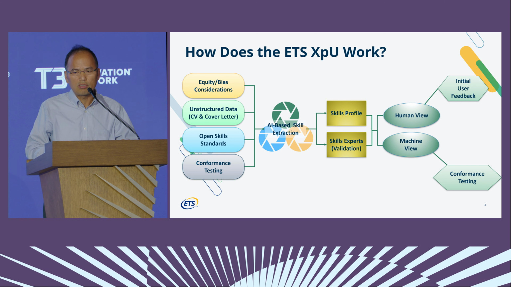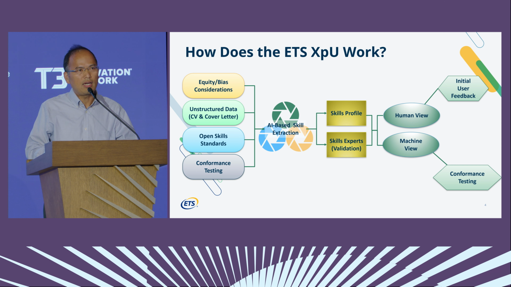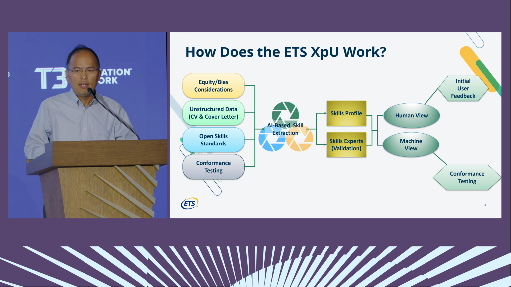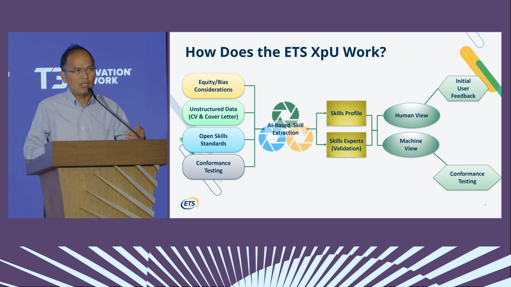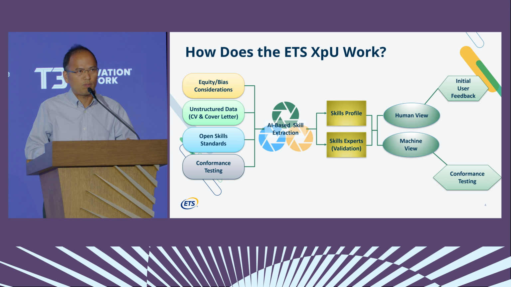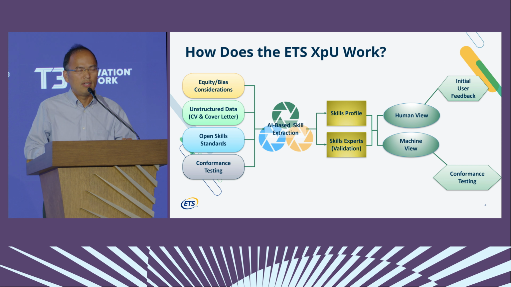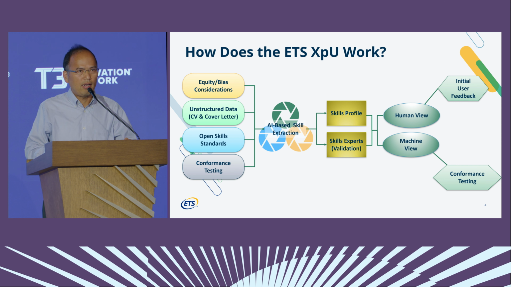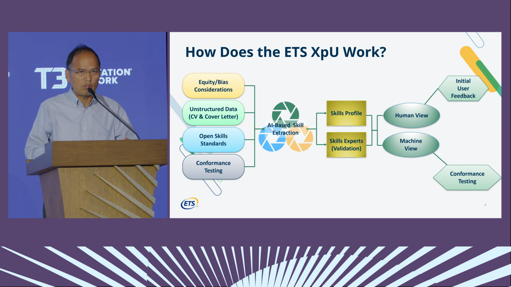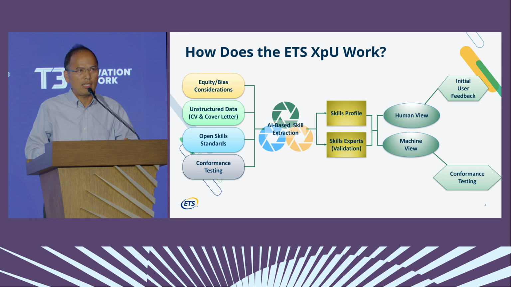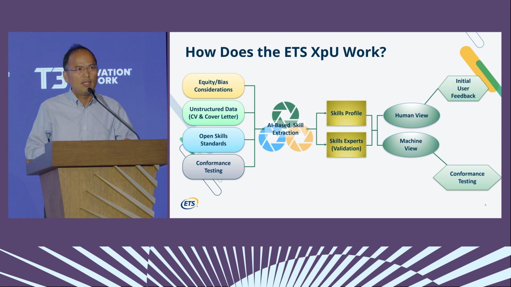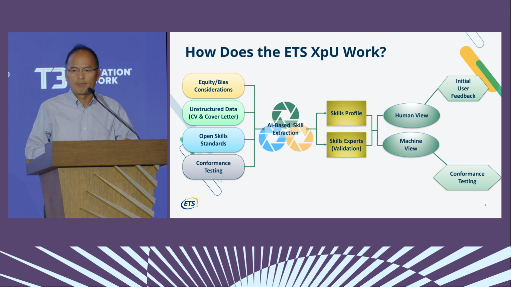All these considerations were added to the AI-based algorithm, and from there we try to extract the skills profile for individuals. We also try to cross-check whether AI is doing a reasonable job to identify the skills and also identify related evidence in support of individual skills.